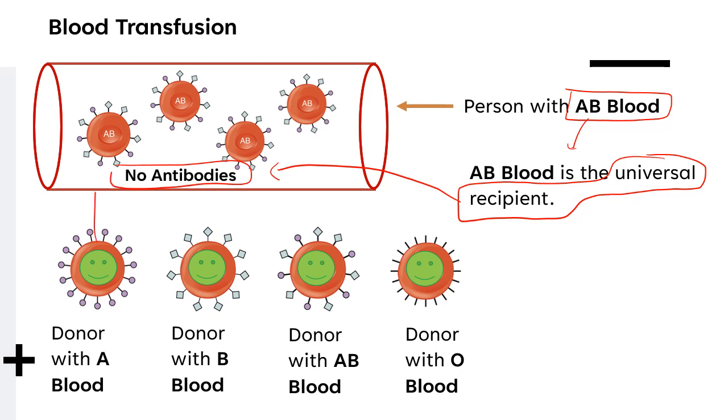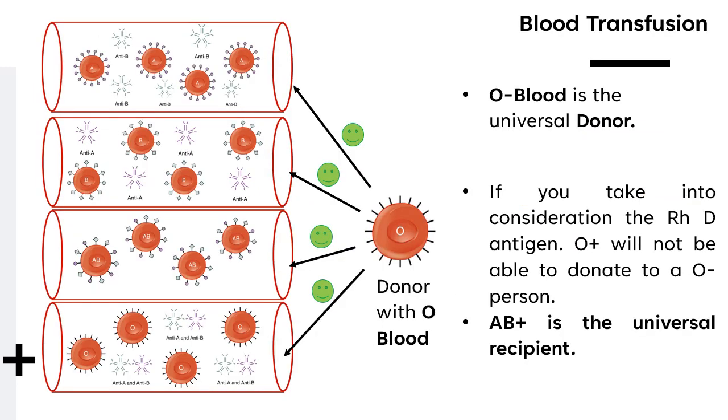So it doesn't matter what type of red blood cells you introduce in the patient's blood, there will not be any reaction, because all these antigens that those red blood cells have will not react at all since there are no antibodies to react with. So that's why AB is the universal recipient. People who have O blood are considered the universal donor.